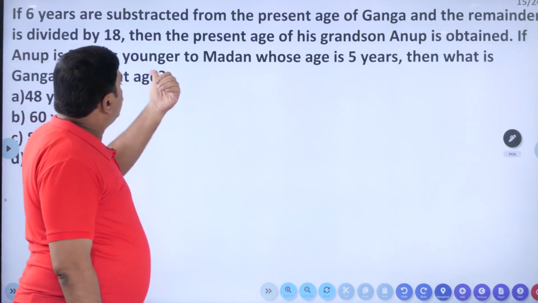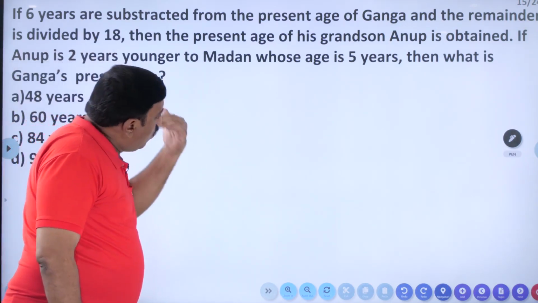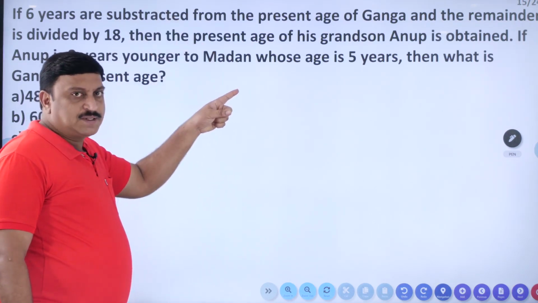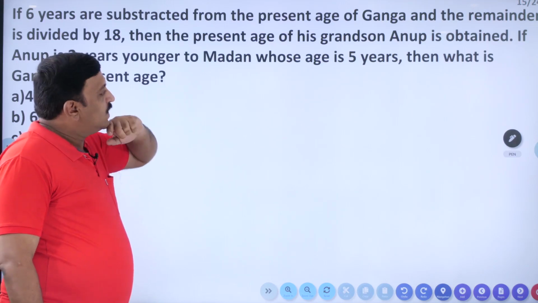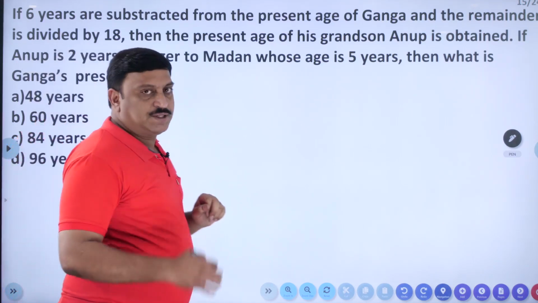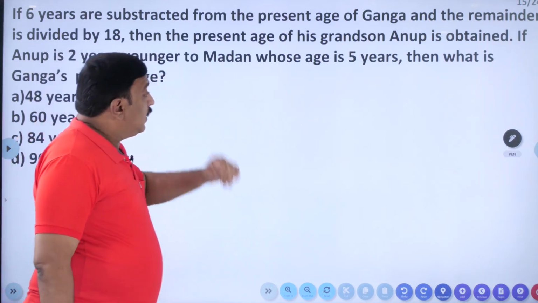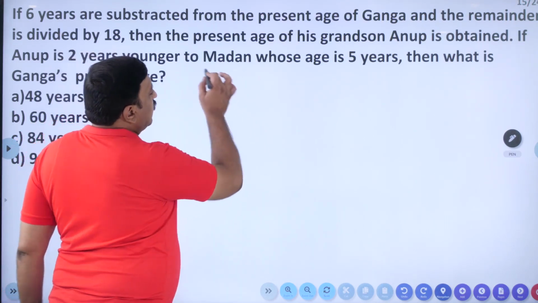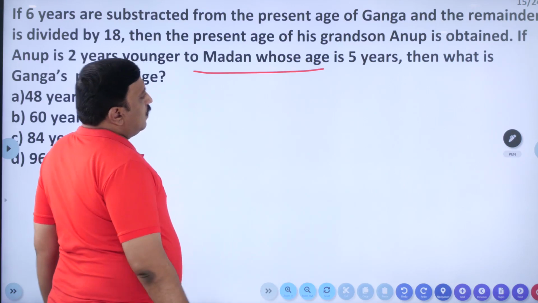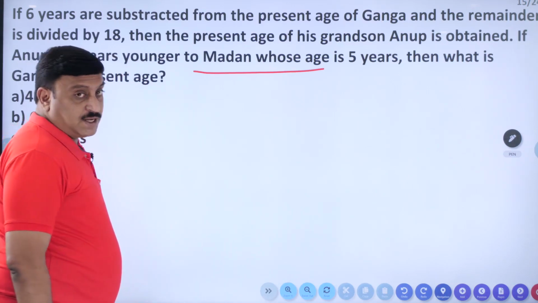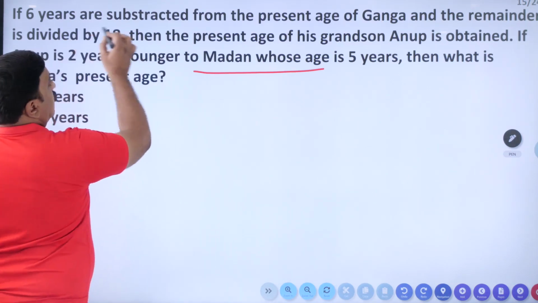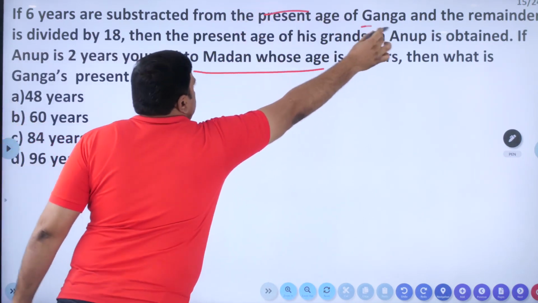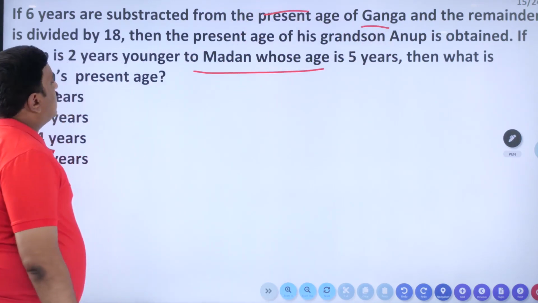If Anup is 2 years younger to Madan, who is 5 years, again you see that last person's age is given as 5 years, then what is Ganga's present age? See, here again the backward tracking, because last person Madan's age is given 5. Ganga means here the first person is Ganga only, right? So that person. Let us do this one.